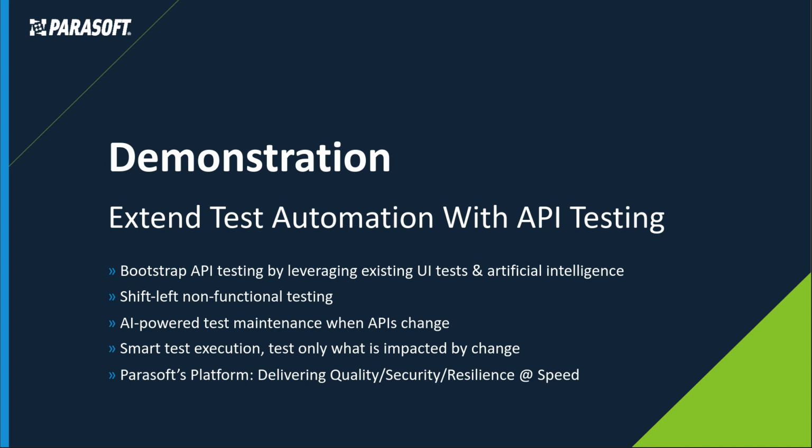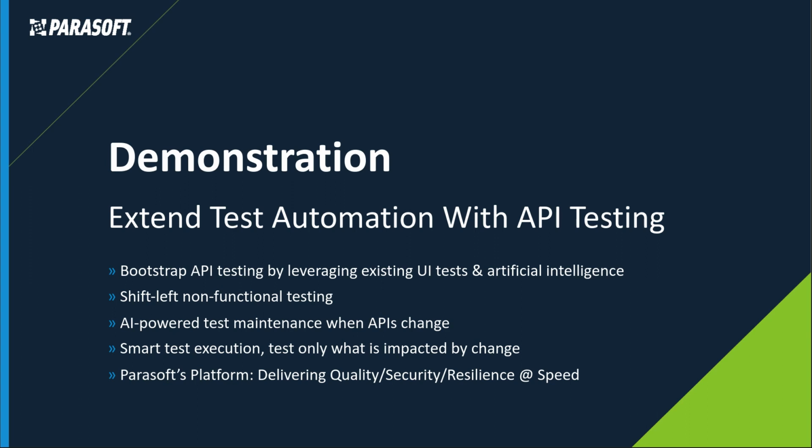Then, we're going to touch on how AI helps reduce the maintenance burden of your API testing practice that's going to be impacted when development makes changes to those APIs. Then, we're going to look at optimized test execution to see how that test less goal can result in accelerated feedback to development with up to a 70% reduction in build times.